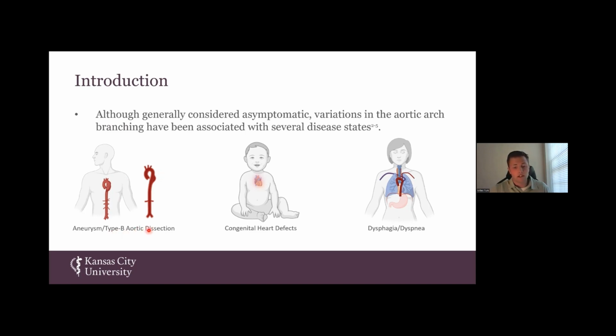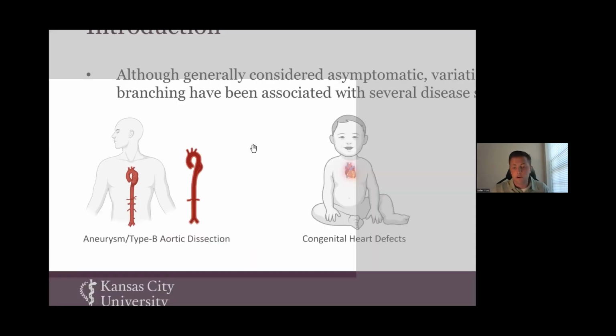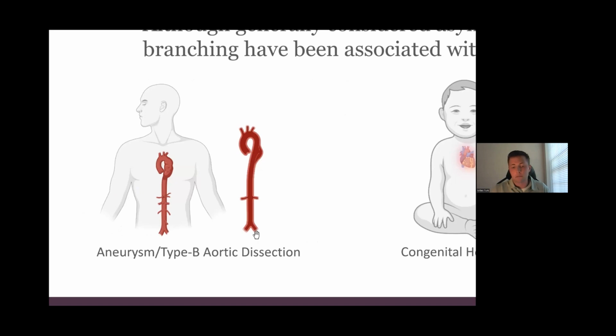Aortic dissection is when the layers of the wall of a vessel separate, which creates a false lumen, which we can see here. And this false lumen allows blood to enter in. Specifically, a type B aortic dissection is when this occurs beyond the branching of our major vessels, which are shown up here.